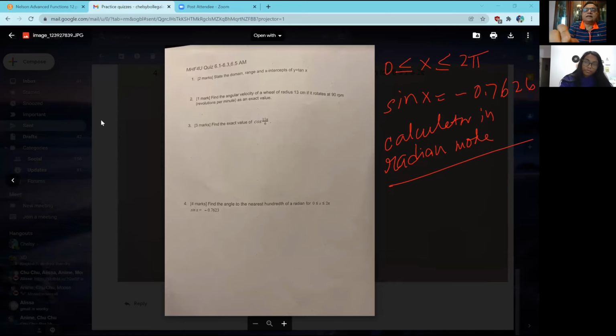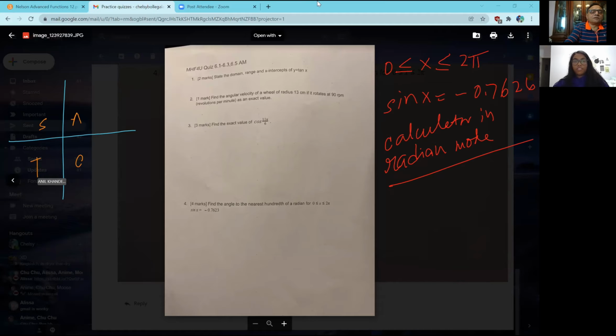And now we need to find the angle. Since we are given sine as negative, it means what? We have two solutions and the quadrants are? Where sine would be negative. Yes, quadrants 3 and 4. Correct. So to find the value, you will actually find the related acute angle.